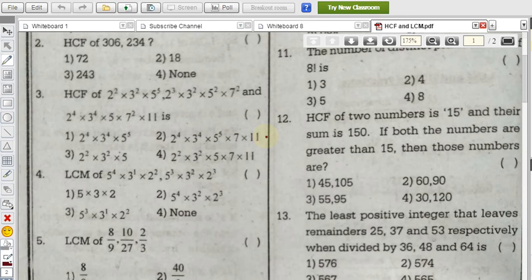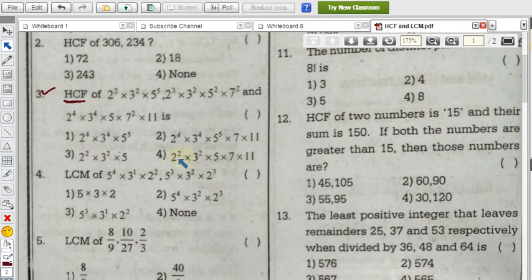Now HCF of numbers where the prime factorization notation is already given, so you can find the answer. HCF means you should take the least power. Let us see this one. Here 2 power 2, in the next set 2 power 3, here 2 power 4. The least is 2 power 2, so it is in the third and fourth.